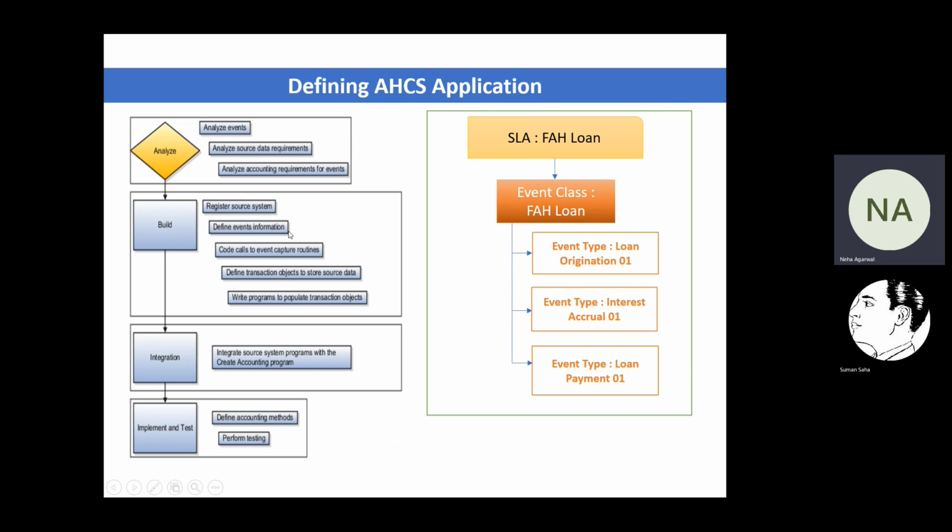We will be defining our event information. We'll code calls to event capture routines. We'll define the transaction objects to store the source data. And here we'll write the programs to populate the transaction objects. Once this is done, we'll integrate our source system program with the create accounting process or program. And then we'll define the accounting method and perform the testing.